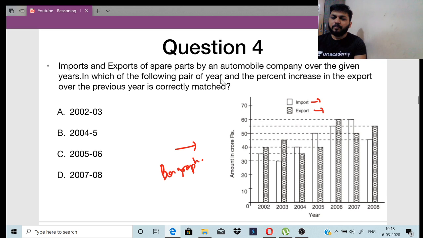In which of the following pair of years the percentage increase in export over the previous year is correctly matched, that is both are equal. Solve this.